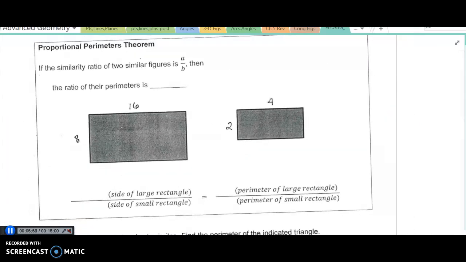If the similarity ratio of two similar figures is A to B, then the ratio of their perimeters is also that same amount, A to B. So for example, if the ratio of these two rectangles is 8 to 2, or we can go ahead and reduce that to 4 to 1, I don't even have to find the perimeters to know that they'll be proportional and at what ratio. I automatically know the perimeters will have that same ratio.